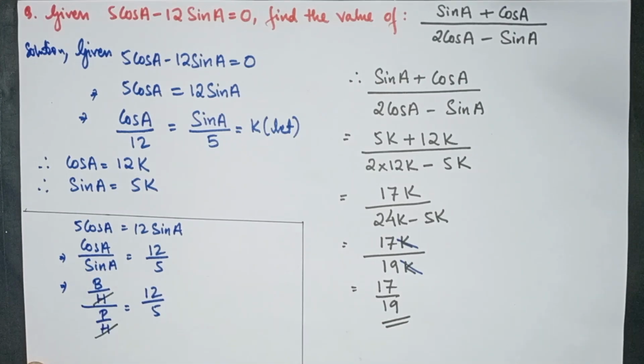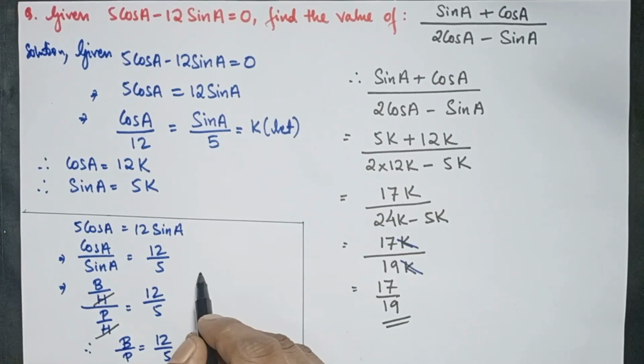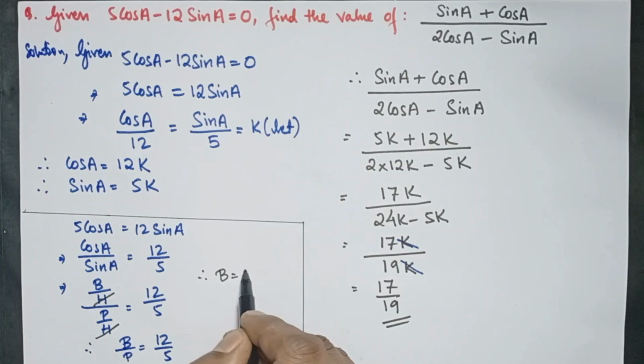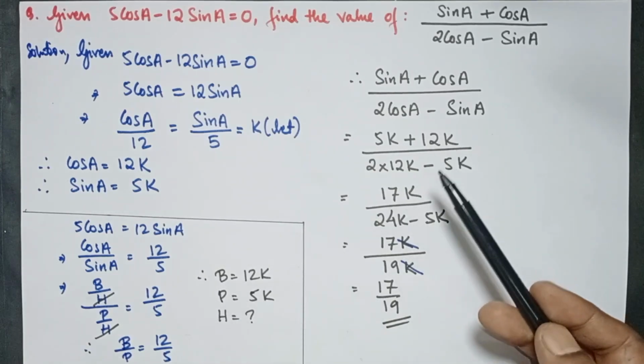So what I got finally, you can see B by P equals 12 by 5. So now as you already know, I have shown in my previous sum, what you can do: take B equal to 12k, P equal to 5k, then H equals question mark. Then you have to use the Pythagoras theorem, then solve in a similar way.